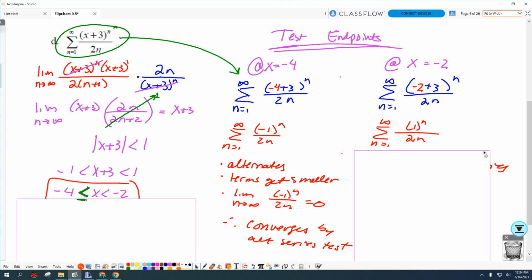No. So alternating series test is not going to work for this one on the right. So it doesn't alternate. So looking at the series 1 over 2 times n, does that converge or diverge? Converges, because 1 stays at 1 and the denominator grows. Also, like I said, absolute value. Nope.